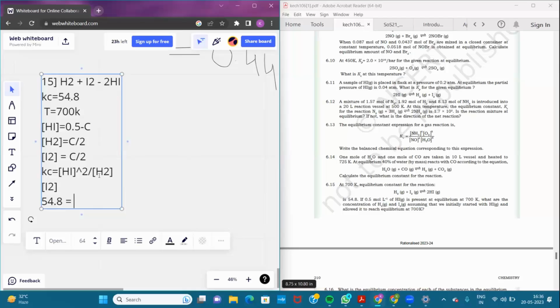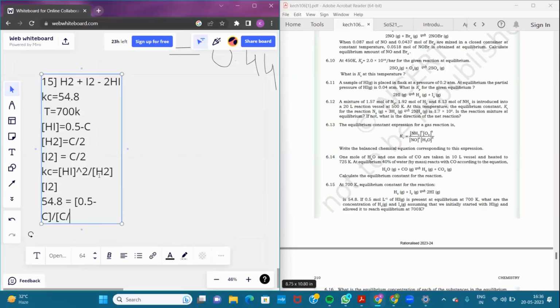If we equate, you'll get HI as 0.4 minus some capital C, divided by capital C by 2 into capital C by 2.